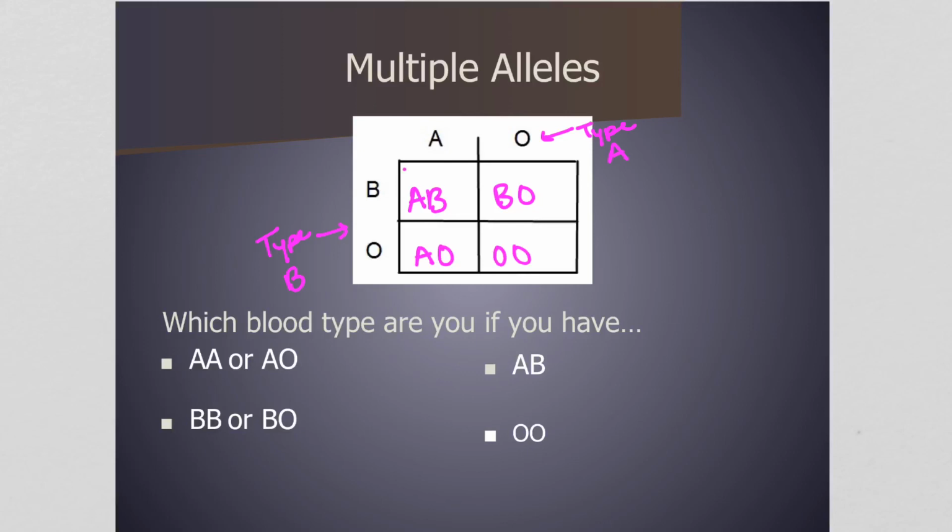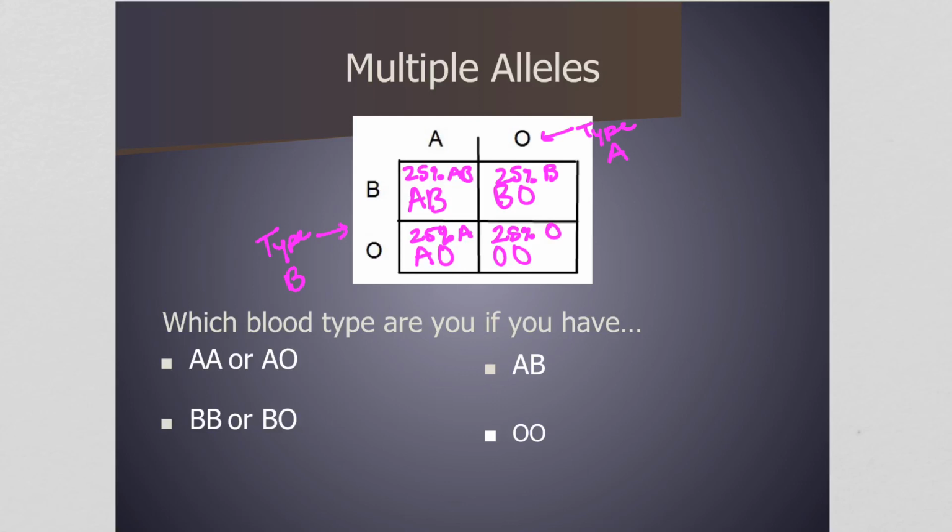So in this case, 25% chance it would be blood type AB, 25% chance child would have blood type B, 25% chance blood type A, and a 25% chance blood type O. But that's because it was a combination. If one of these had been type A by way of this or type B by way of this, then it would have changed it.